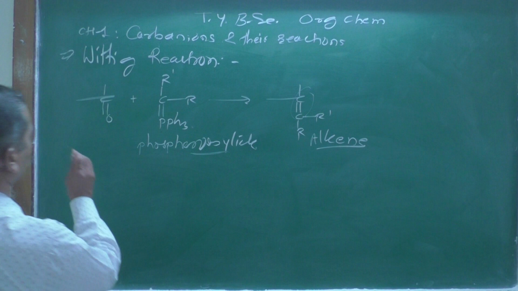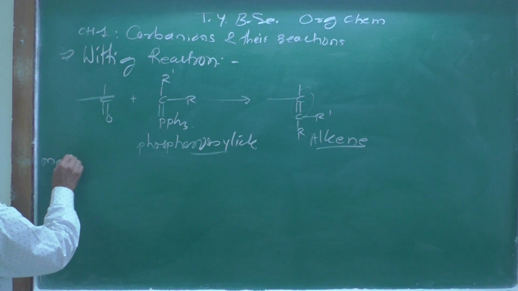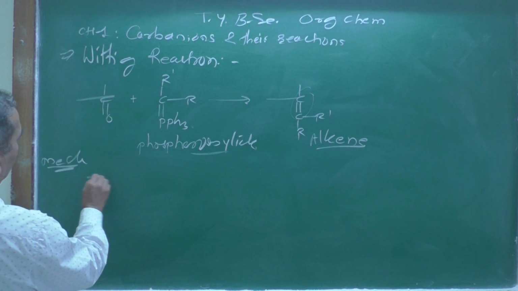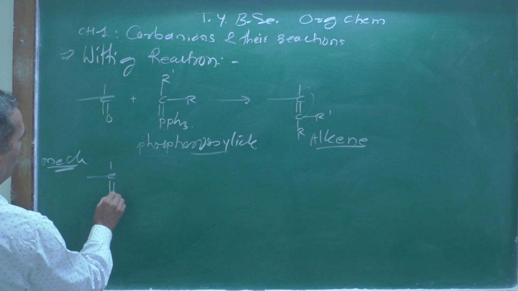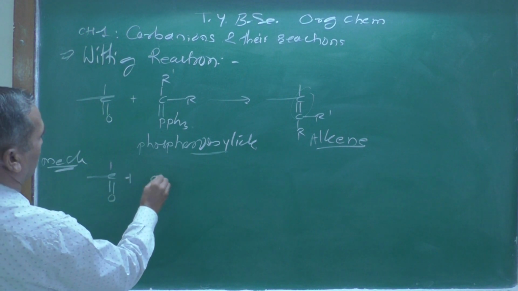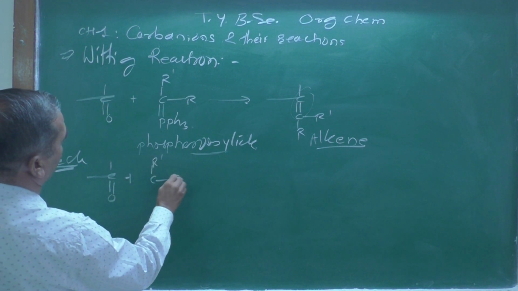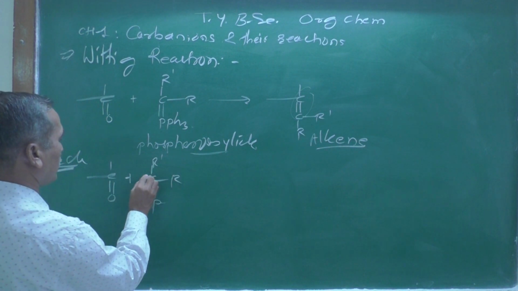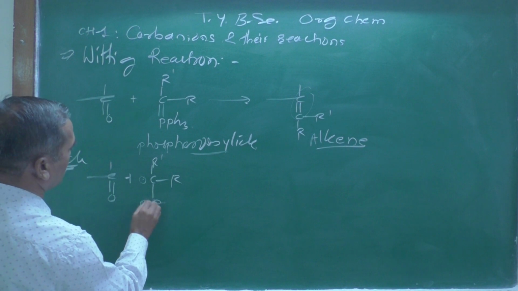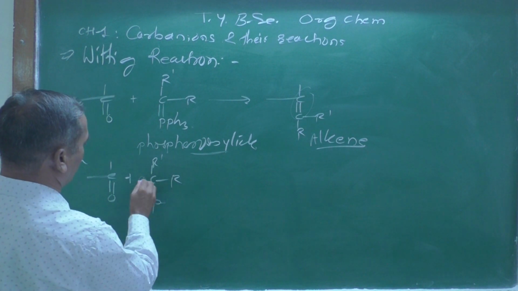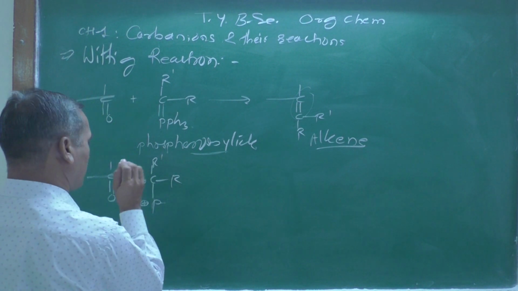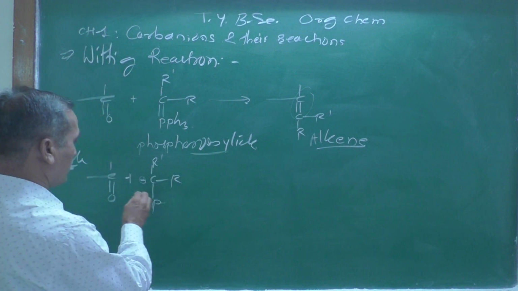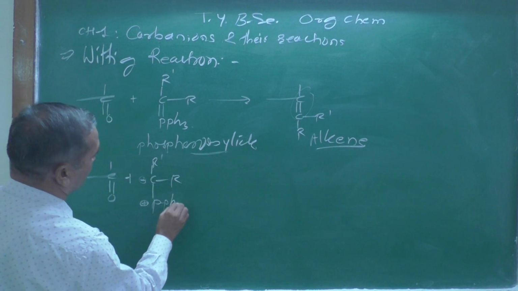Now let us look at the mechanism of that ylide. Suppose C double bond O, with R dash and R, and the ylide with P positive charge and a negative charge on the carbon, which is why it is a carbanion, with PPh3.